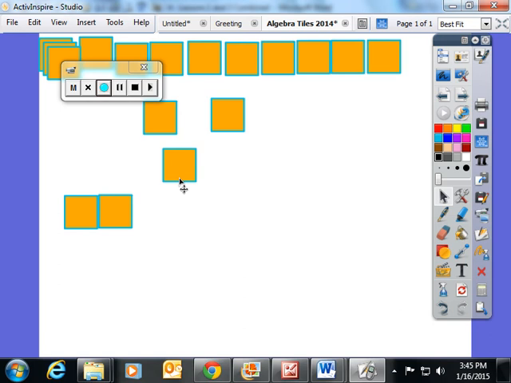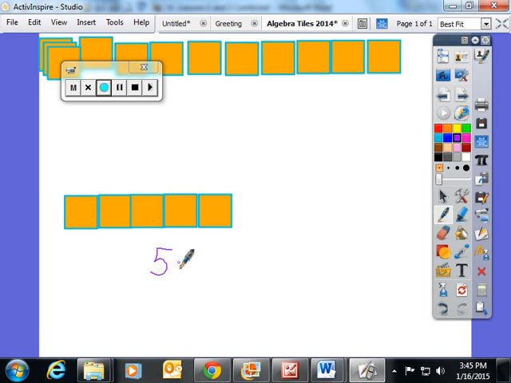So the students were asked to pick another amount of tiles. Let's start with 5 and subtract some from that. So let's say they subtracted 2. And they were asked to bring those same 2 that they subtracted back and add them to their tape diagram. And when they did that, they were supposed to discuss what they were left with.